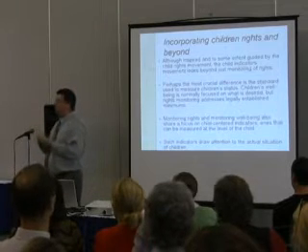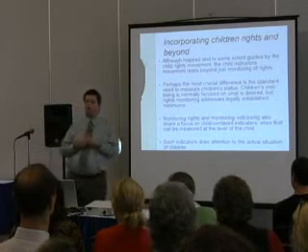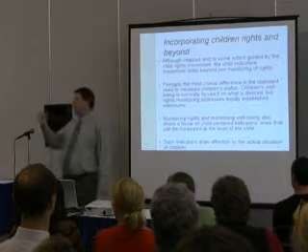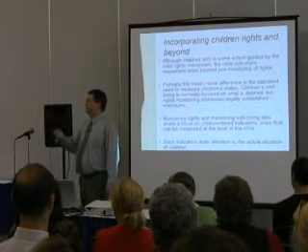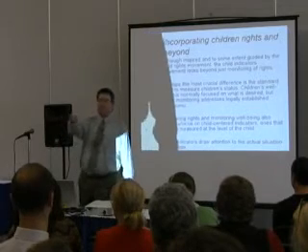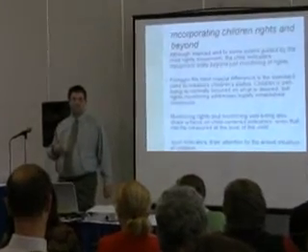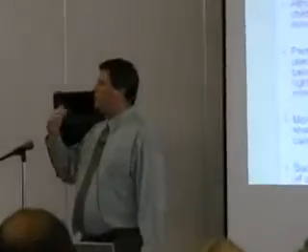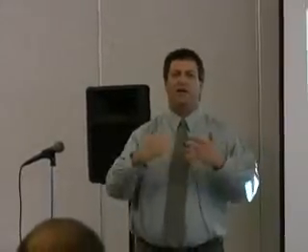But there is a problem with using children's rights for monitoring children's well-being. Because when you are monitoring rights, you are monitoring entitlements. You are monitoring if the kid gets what he should get. And when you are monitoring well-being, you are looking beyond that. You are trying to monitor a status that in many aspects is beyond the basic rights or the legal rights or the children's rights or whatever.